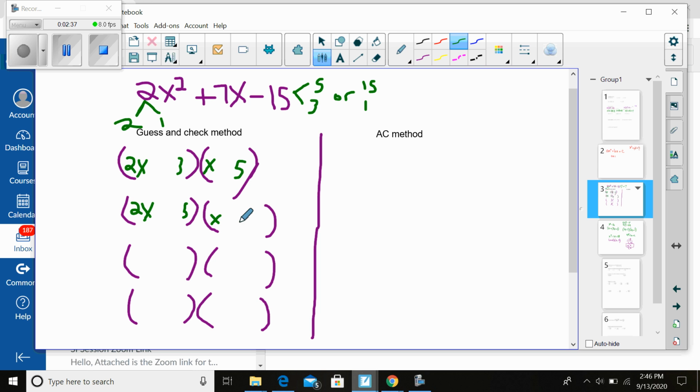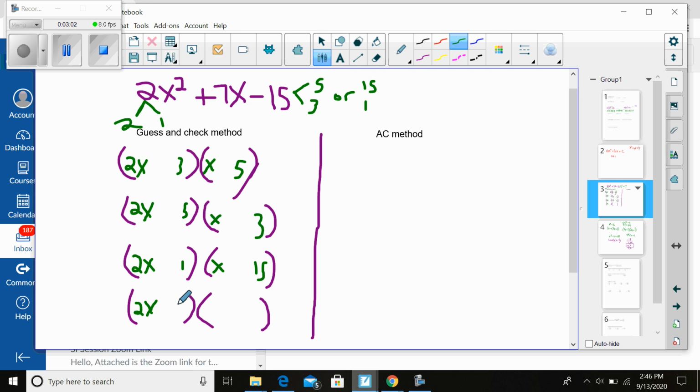And then one sign's going to be positive, one sign's going to be negative. So I'm going to have to fiddle with these signs. Do I put a plus here? Do I put a minus here, or vice versa? So I'm thinking that I'm not using the 15 and 1, but there's still possibilities. And then I just have to check.